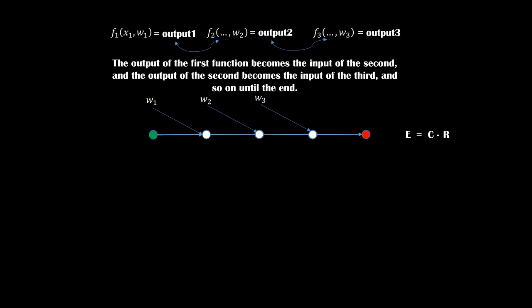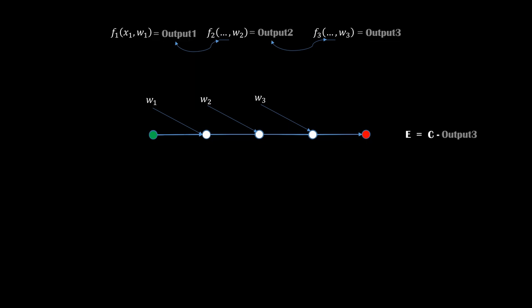The output of the first function becomes the input of the second, and the output of the second becomes the input of the third, and so on until the end. Let us transform R into the output of the final function.